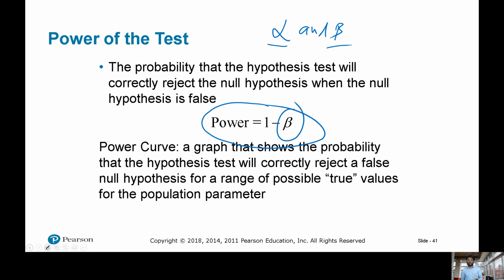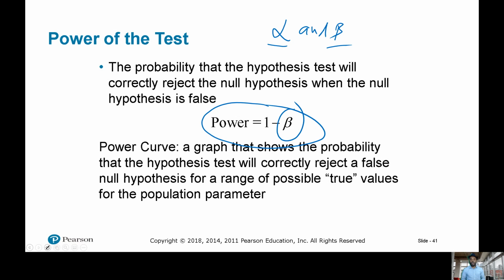So costs of different kinds usually are involved in either a type 1 error, that's alpha, or a type 2 error, that's beta. Now, hypothesis tests should be conducted according to the cost of these errors. So this is the general conversation.